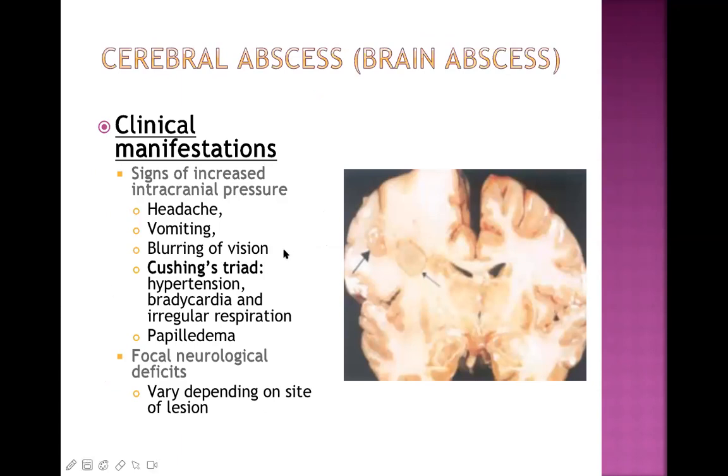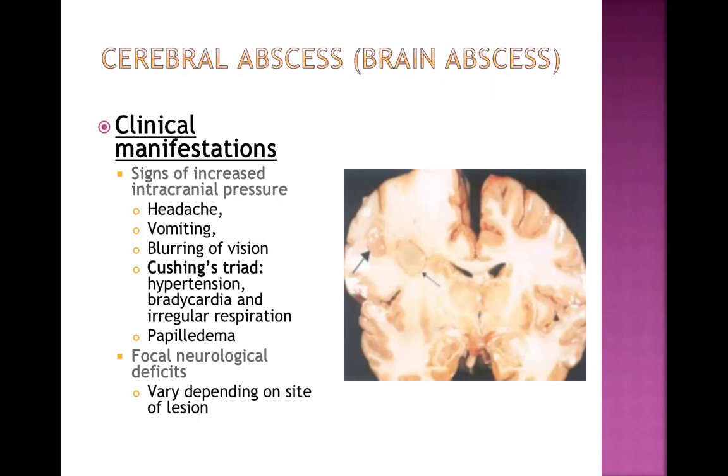Blurring of the vision, or sometimes even double vision may be there. And one very important feature known as Cushing's triad is usually present in raised ICP. And those Cushing's triad means the three things together: hypertension, bradycardia, and irregular respiration. Never forget this. Hypertension or increased blood pressure, bradycardia or decreased pulse rate, and irregular respiration.